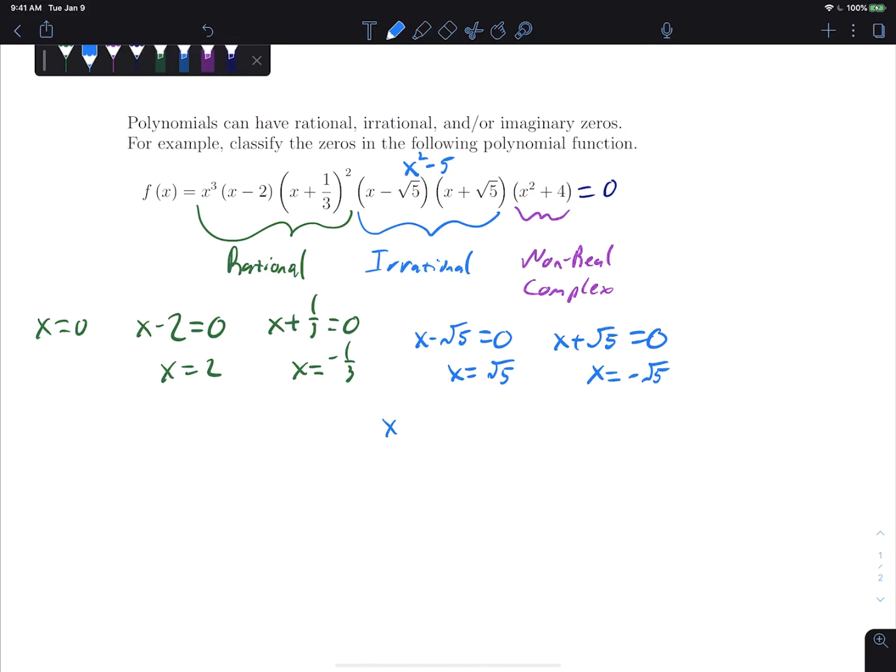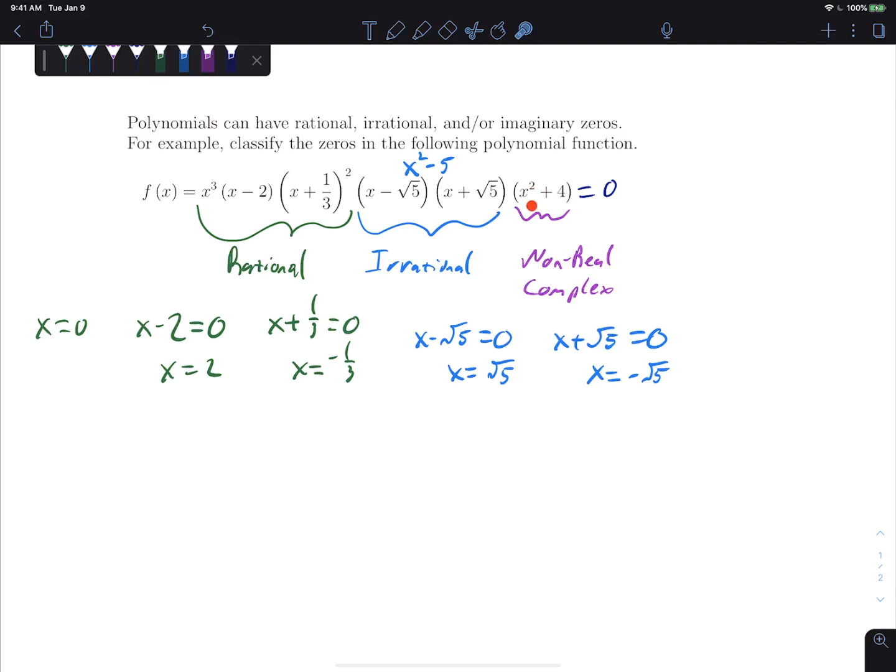If I set that equal to 0, I get x squared equals 5, which means x equals plus or minus the square root of 5, which is exactly what we got here. They're the same thing. So as long as you can set it equal to 0 and solve, you get a real number. You either have a rational number or an irrational number.